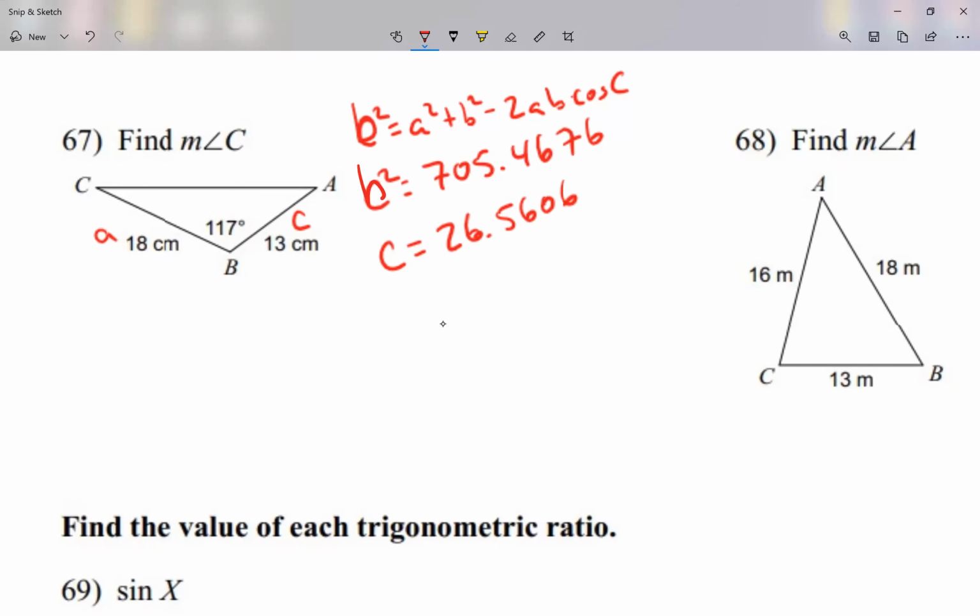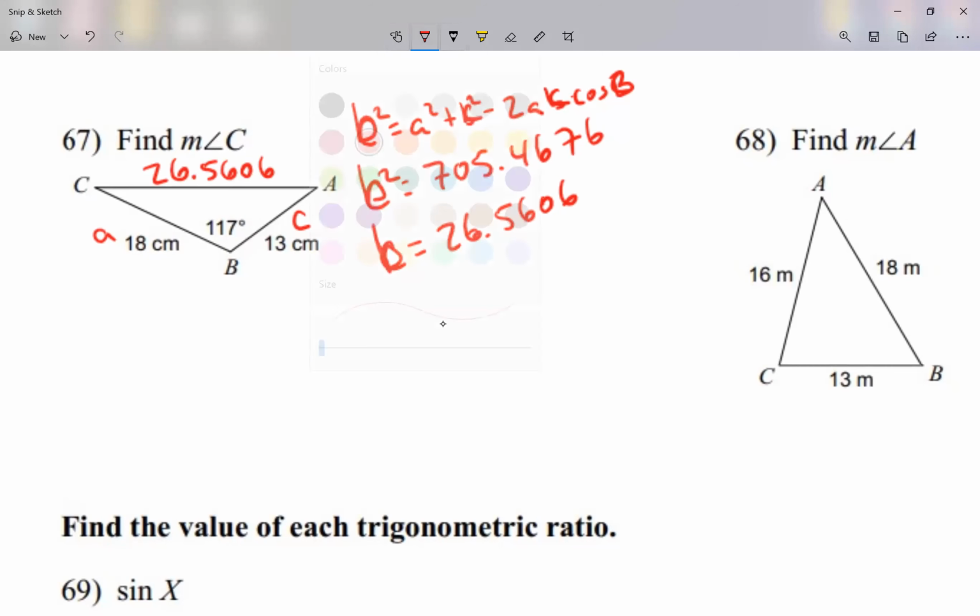I was solving for B squared. It was A squared minus C squared and cosine of B. So I'm gonna find out that this side is 26.5606.